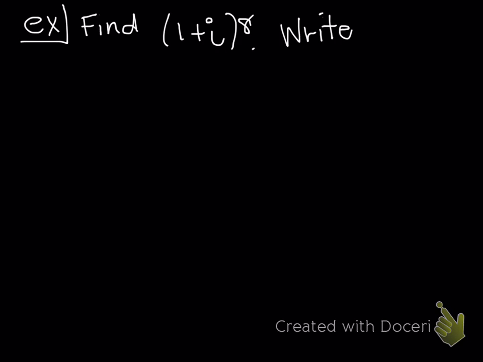So they want you to find the quantity of 1 plus i raised to the 8th power using the DeMoivre's theorem, and they want you to write your answer in a plus bi form.